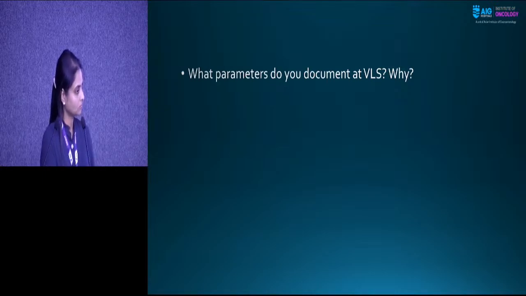We should also see whether there are micro aspirations happening because of the growth or because of the fixity of the vocal cord, and whether there are any other lesions in the adjacent area.